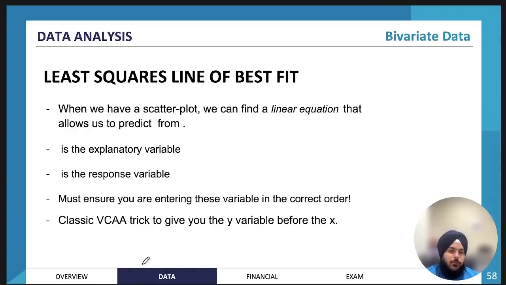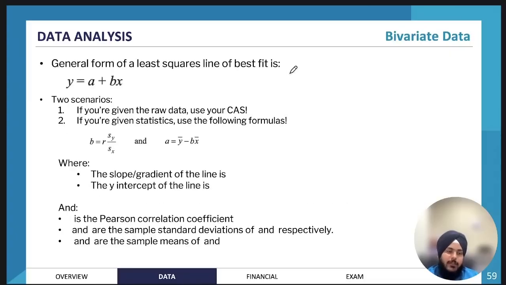So what we need to do, once we have our data plot, is use some form of linear regression, which can be found in your calculator. Once you've done that, we can calculate a linear equation, which is essentially your mathematical model. Okay, so here is how we can determine the least squares regression line.